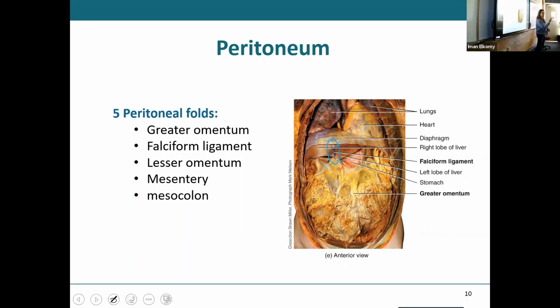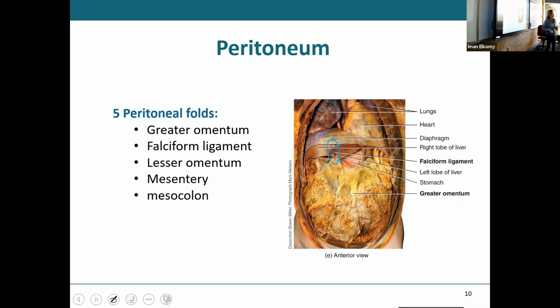So you covered one lobe, came in, and then hit a dead end and had to go back. So that formed the falciform ligament. The lesser omentum we talked about, the mesentery over all of the small intestine, that is a peritoneal fold. And there's also a mesocolon on the colon, the large intestine, that is a peritoneal fold. So those are the folds of peritoneum.